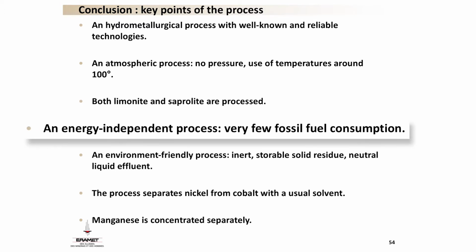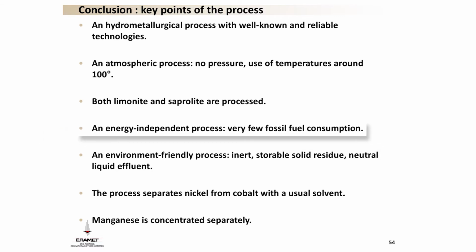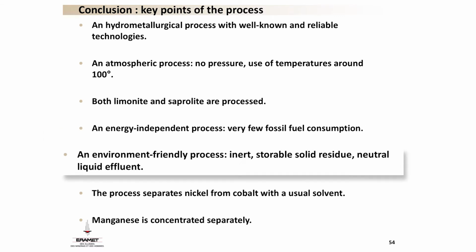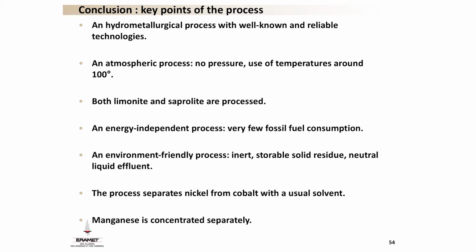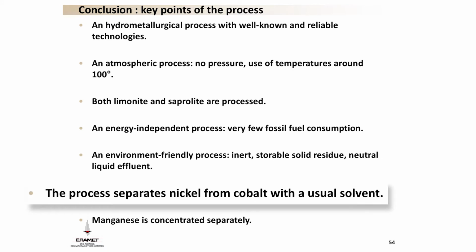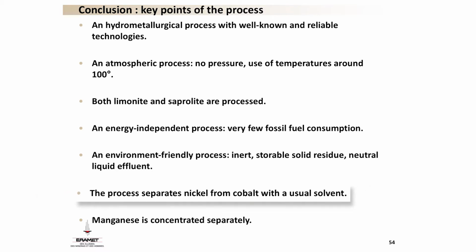It's a very energy-independent process, with very few fossil fuel consumption. The residue will be inert, you can store it very easily, and you produce neutral liquid effluent. In our process we separate nickel from cobalt, and manganese is concentrated separately.